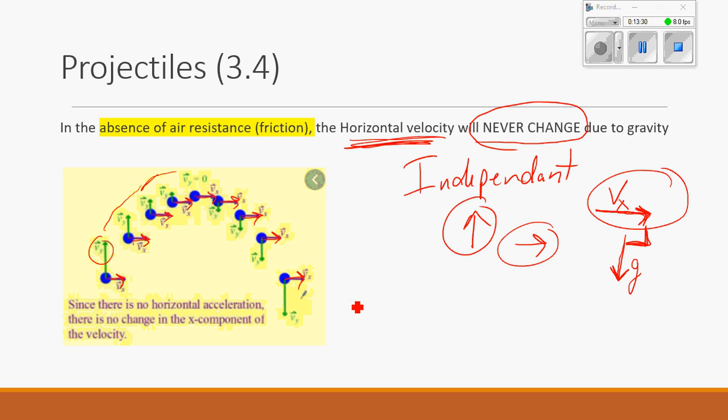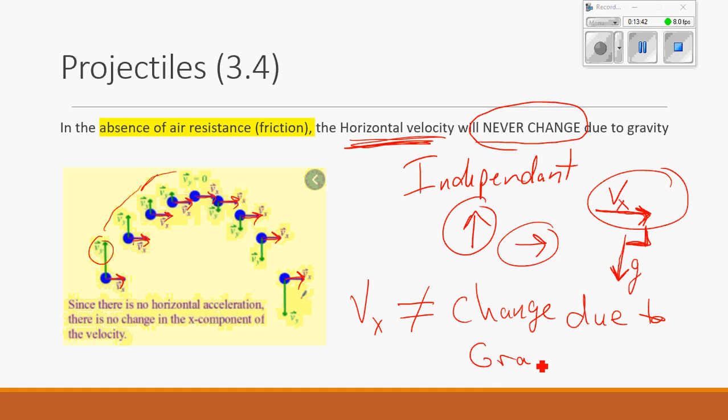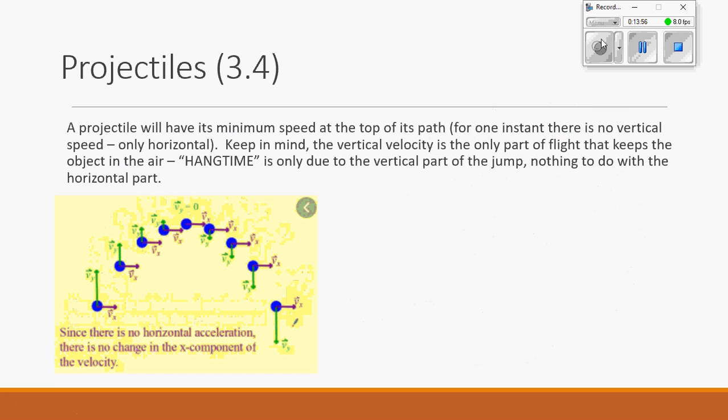So the velocity in the x direction does not change due to little g, or due to gravity, you could say. Very important. So we know the y changes, and now we can see that the x does not change. They're completely independent of each other.